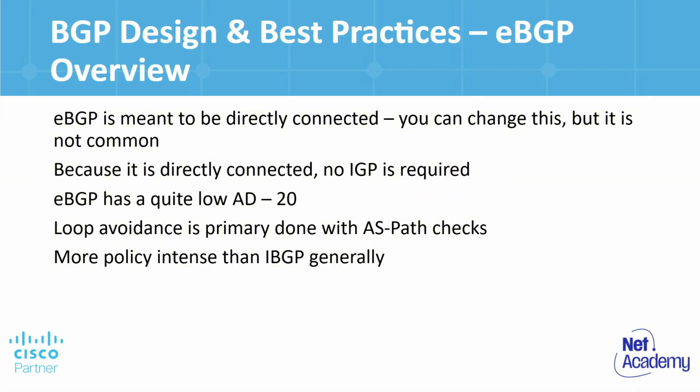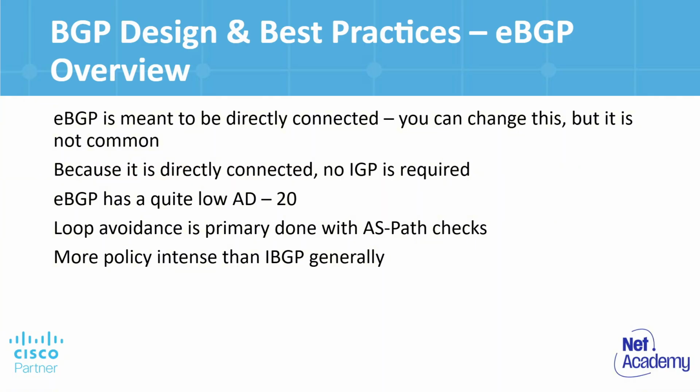This is directly related to that no IGP, right? iBGP is 200, and that's because we don't want it taking over from our IGP. eBGP is 20, because it should overwrite any IGP. And then loop avoidance is primarily done with something called an AS path check. And we're going to get more into that on the next slide.